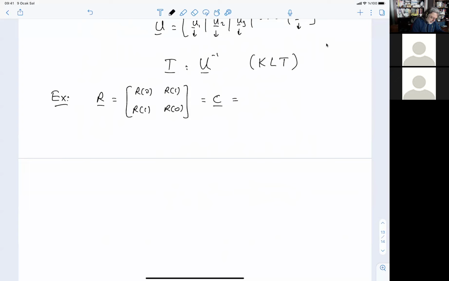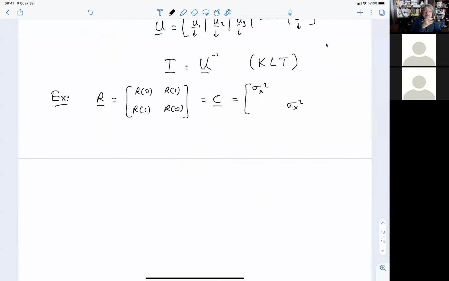The covariance diagonal elements are the variances, because I'm also assuming that these are stationary signals.